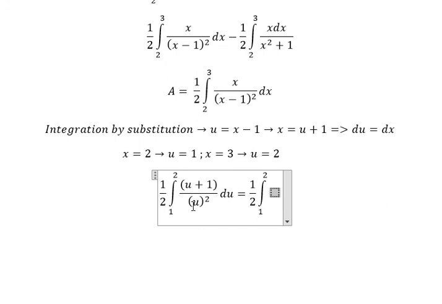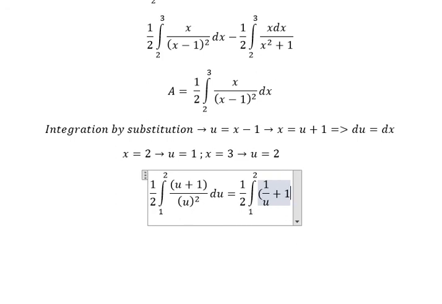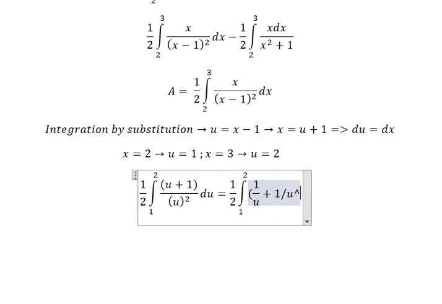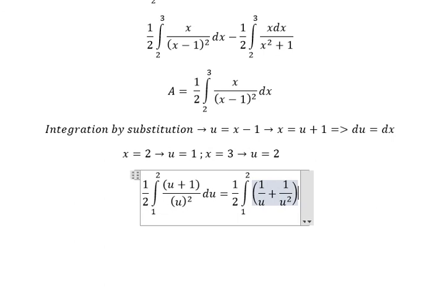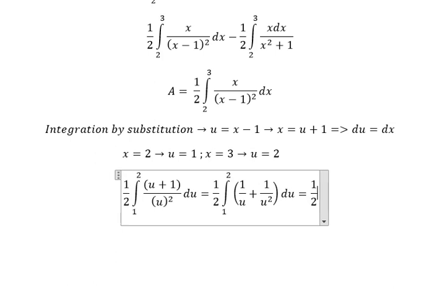U divided to u square, you got about 1 over u. 1 divided to u square, you got about 1 over u to the power of 2 du. And now we can get the final answer.